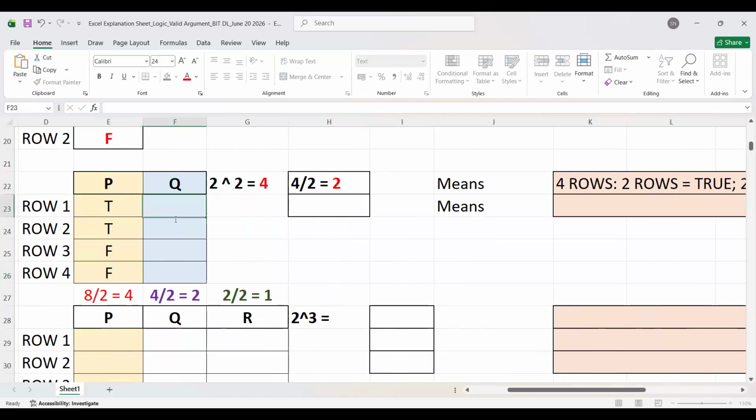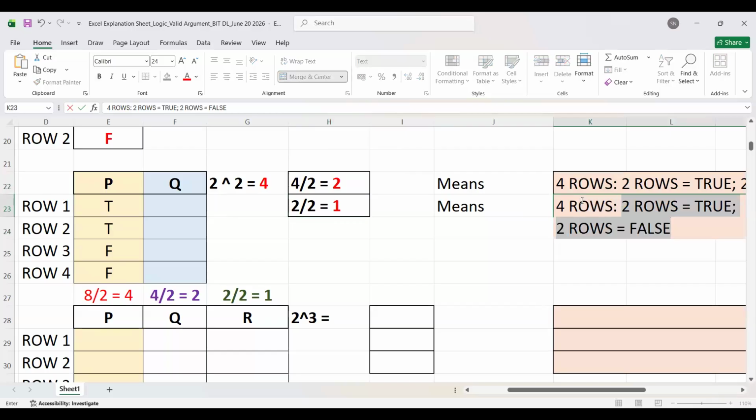Then for the Q, also having 4 rows, how do I share the true or false? Take the result you got from the first division, which is 2, and divide again by 2. Always divide by 2. The answer you get is the way to share the true or false. There are supposed to be 4 rows for the second statement.